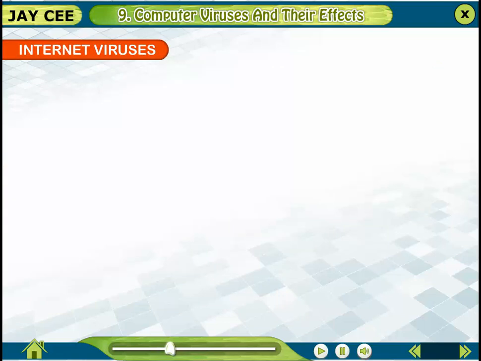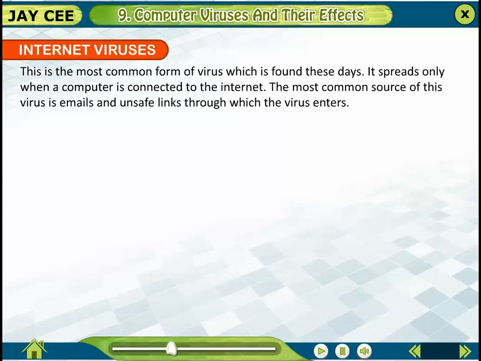Internet viruses. This is the most common form of virus which is found these days. It spreads only when a computer is connected to the internet. The most common source of this virus is emails and unsafe links through which the virus enters. File viruses.